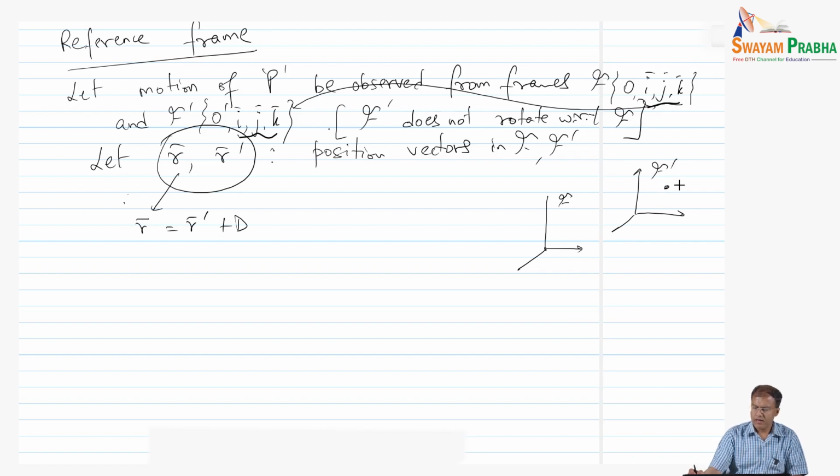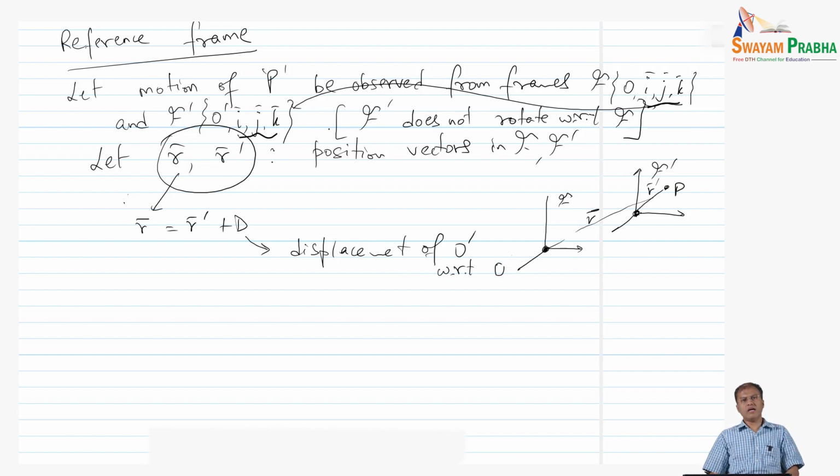And I need to find the position of a point P, which is R prime in the moving frame and it is R in the fixed frame. But then the other variable is the displacement of the origin of the moving frame with respect to the fixed frame. So D is the displacement of the origin O prime with respect to the origin O of the fixed frame, right?